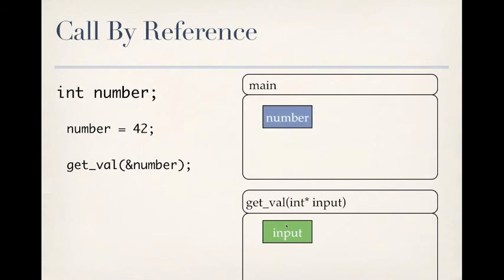So let's go through that. We have a number. You see this is pretty well known. It's blue because it's just a value and we don't know which value it really has. And I add here something. This would also have been in the previous example in the call by value, but there it was not necessary.